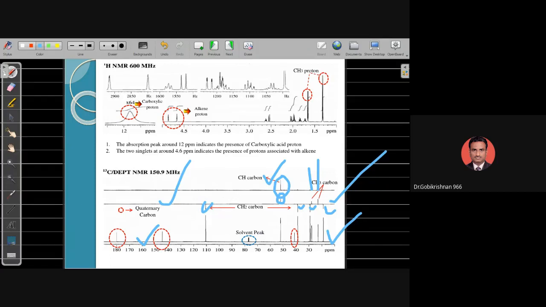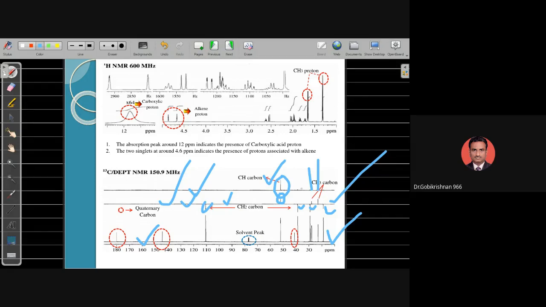It will be having an upward peak in this line as well as in this line also. If you have an upward peak in both the lines, that indicates CH carbon. And the left out peaks, which have a peak only in the second spectrum but not shown in the third one, those peaks correspond to CH3 carbon.